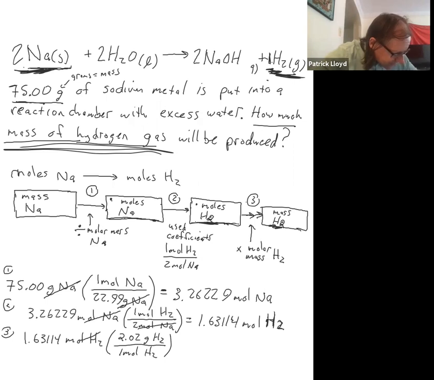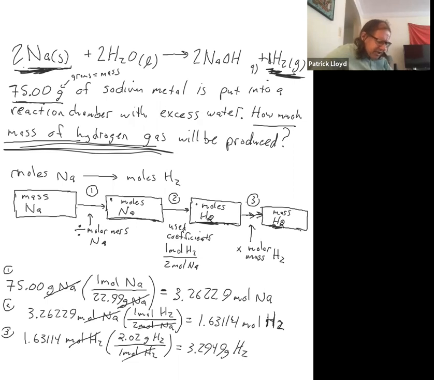Okay, so there's your moles of H2. So we're just going to multiply by 2.02. And you get 3.2949 grams of H2. Now let's do our rounding. Again, coefficients are exact numbers. We had 4 significant digits in the 75.00, so you'd think maybe 4.